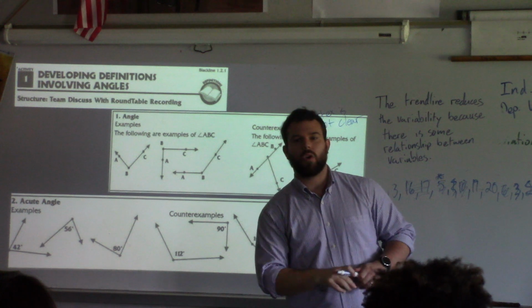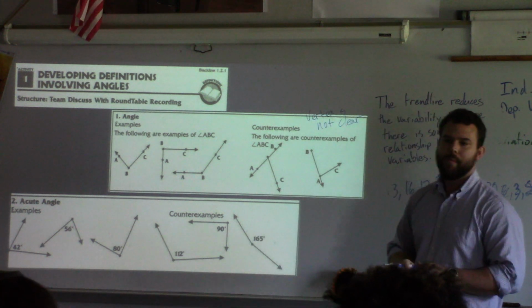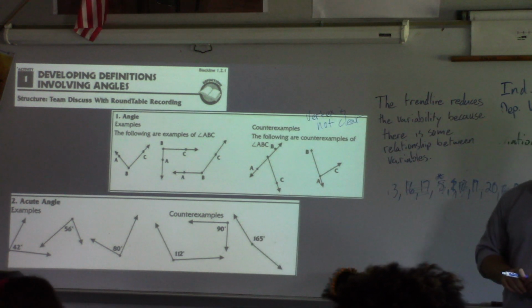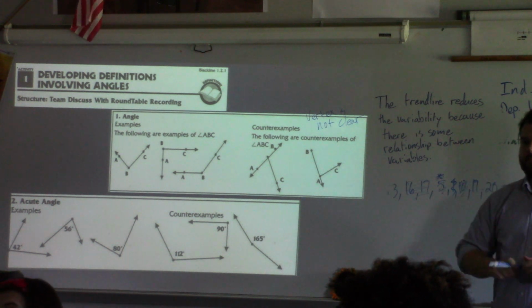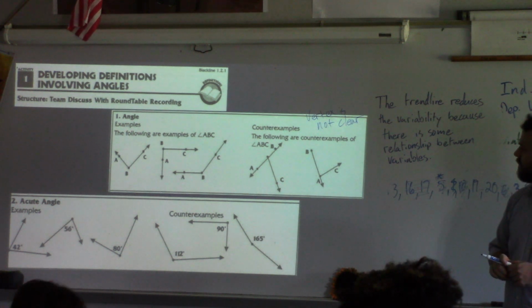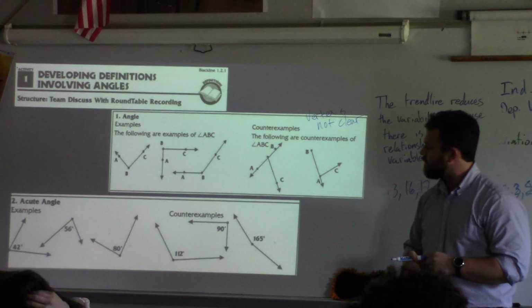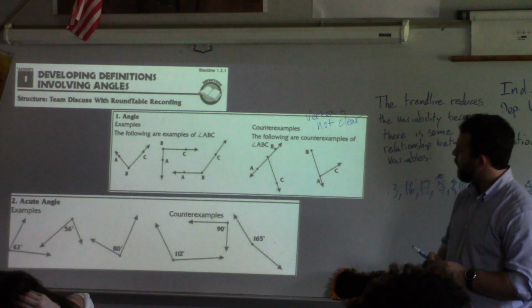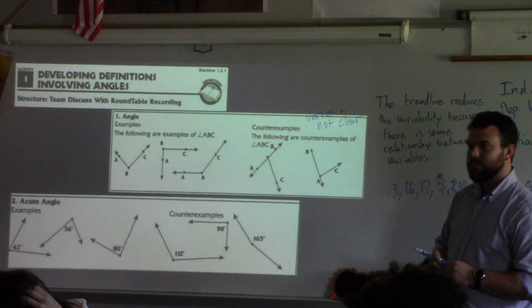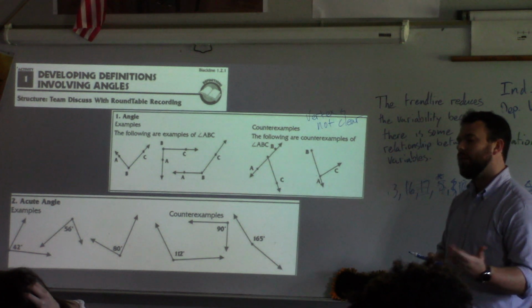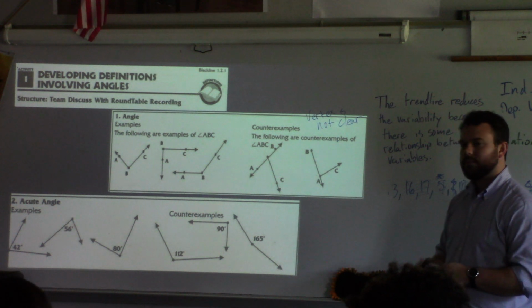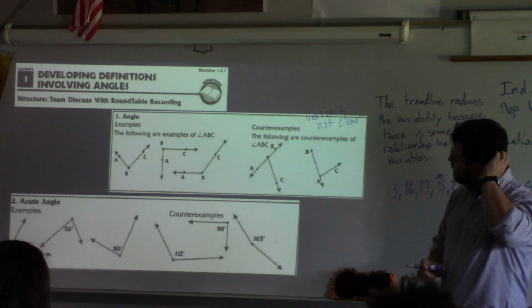Let's see, group 4, what's something y'all talked about? Alright, so the two on the right, the vertex is not where it's supposed to be. What do you mean? Terrence, let him talk, be respectful. The vertex is supposed to be at the end of one of those lines.